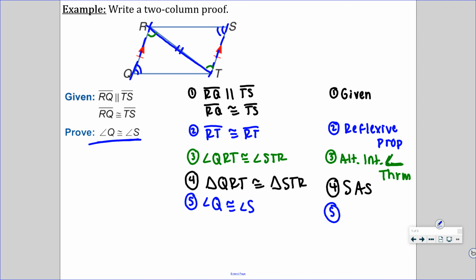Somebody got it last hour. No pressure. Corresponding parts of congruent triangles are congruent. CPCTC. Oh, so many good things that we've learned all in one. All right, we got to do one more, so let's hustle.